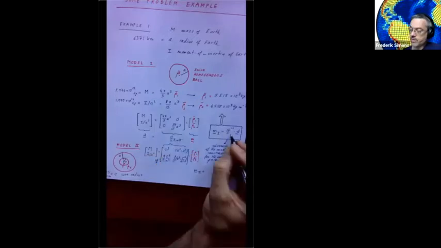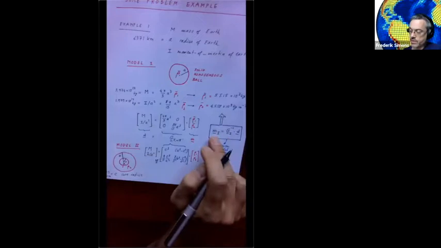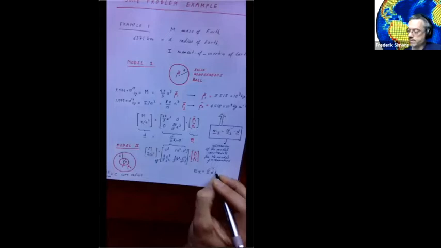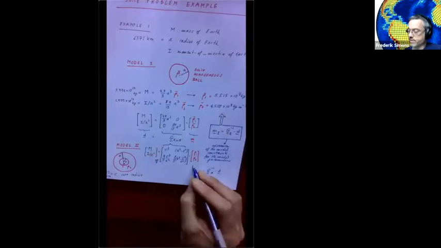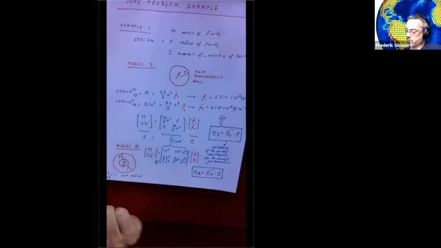So G1 has been inverted to give me model 1, and G2 is going to be inverted to give me model 2. Same data, different model, different G matrix, different sensitivity matrix. So I have a different solution. And I suppose I should write what the solution is.